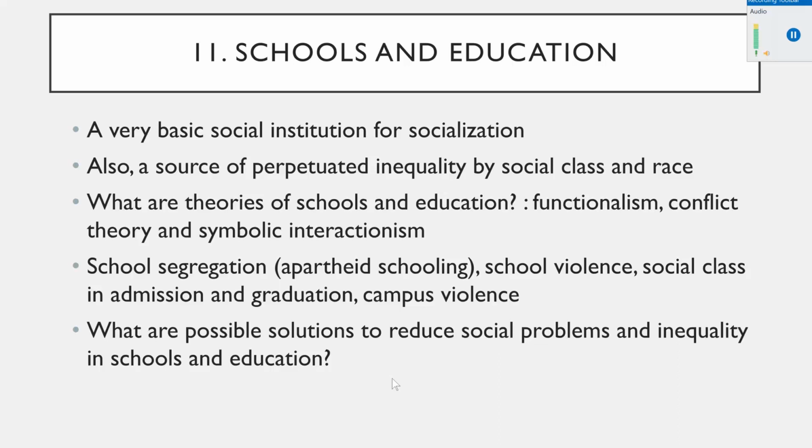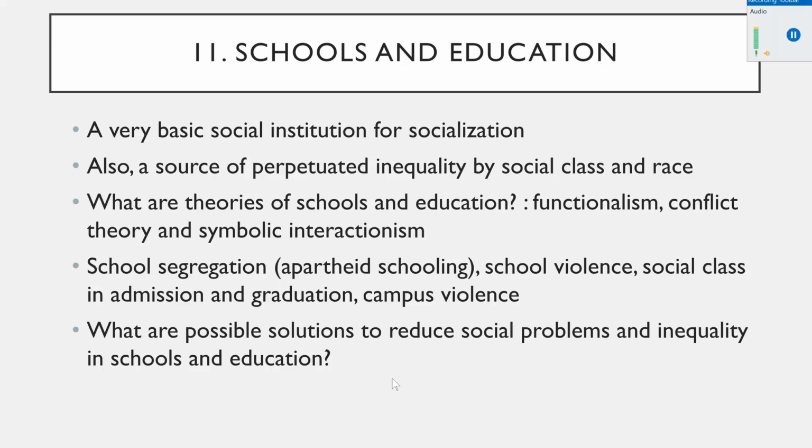There is also school violence like bullying or harassment, and social class in admissions and graduation, because whites and wealthier families are more likely to graduate within 6 years compared with their counterparts, and campus violence. There are many solutions to reduce the inequality in schools, like school vouchers or charter schools, but nobody can say which one is ultimately better.